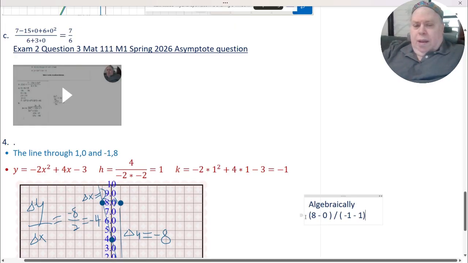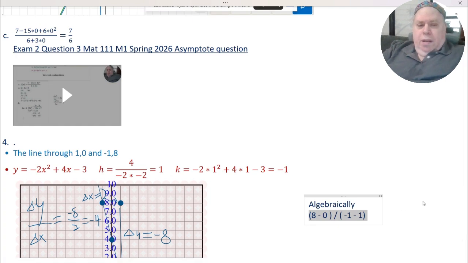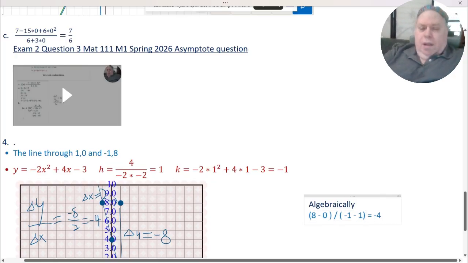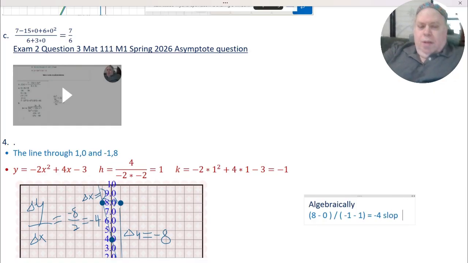And I'll color code that, so let's make that in blue. And that's going to equal minus 4, which is the slope.